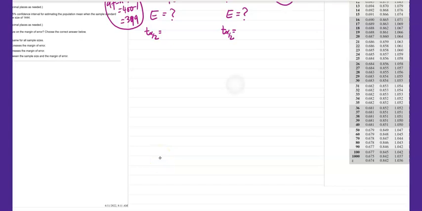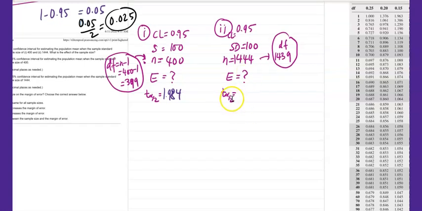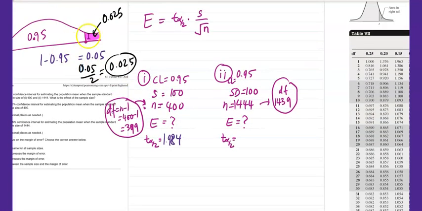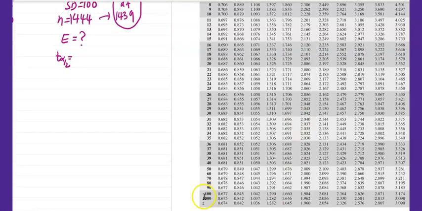Okay, let me write down here 1.984. Similarly, for this case, to find the critical value, again area on the tail is 0.025 on the right. This is the right area. So now degree of freedom is 1439. So let's find 1439 degree of freedom. We don't have that, but it's close to 1430. 1439 is close to 1000.